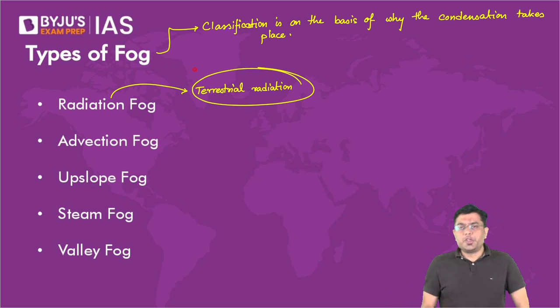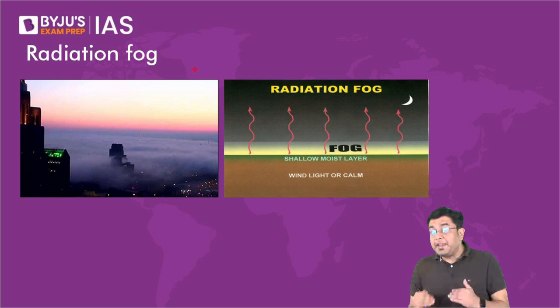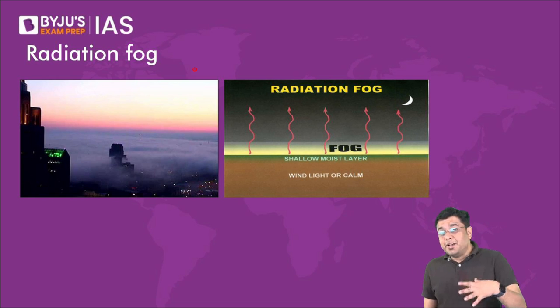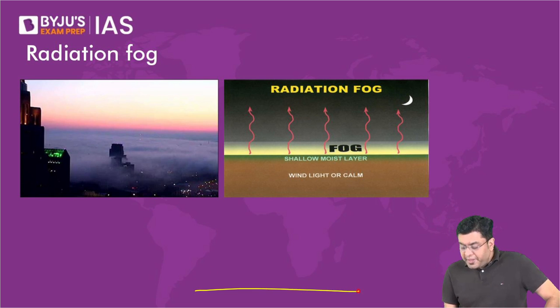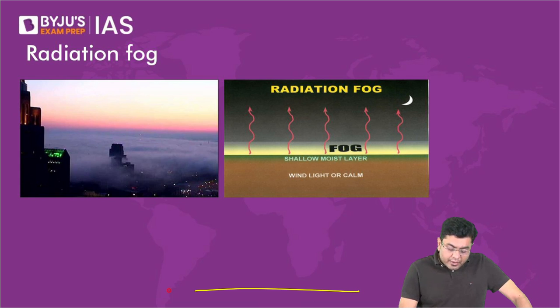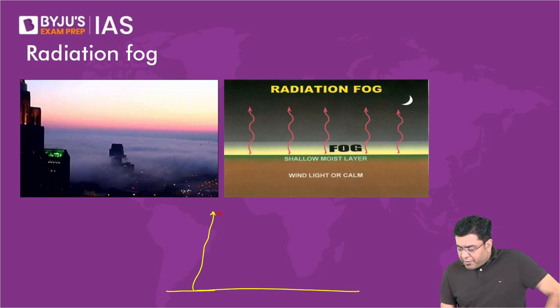So radiation fog is observed when the surface loses heat very quickly. Just like the case of surface inversion, the surface loses heat very quickly with the help of outgoing terrestrial radiation. So as the surface loses heat, the air above it also cools down very suddenly.